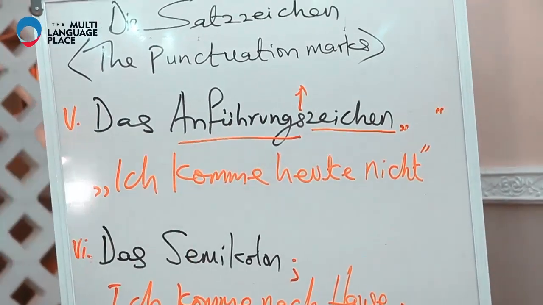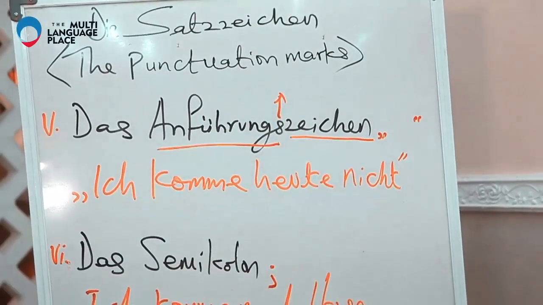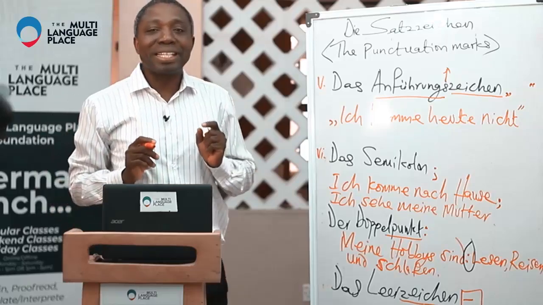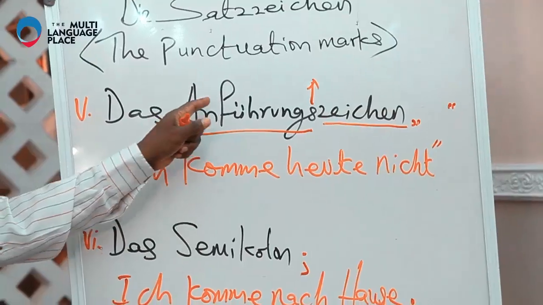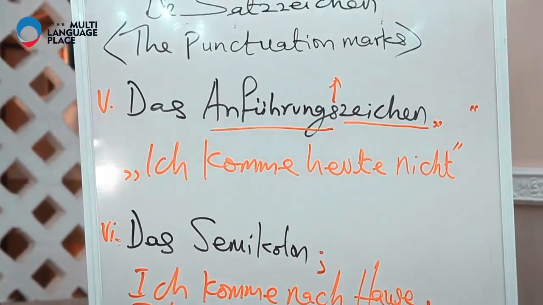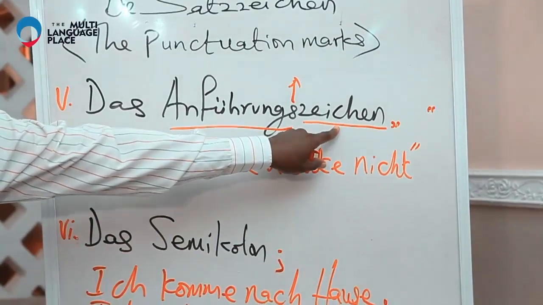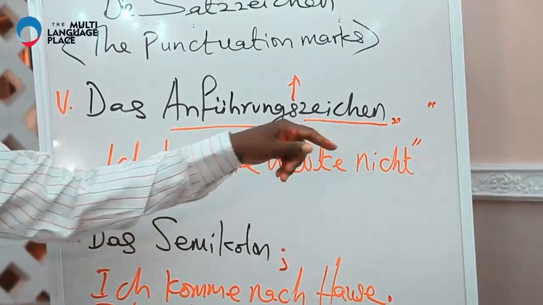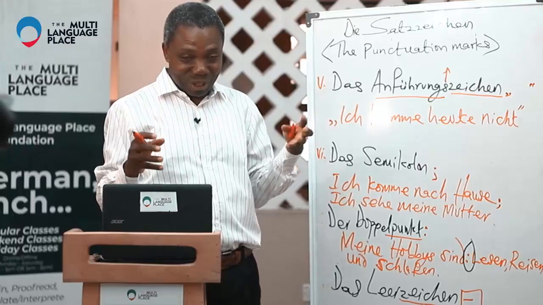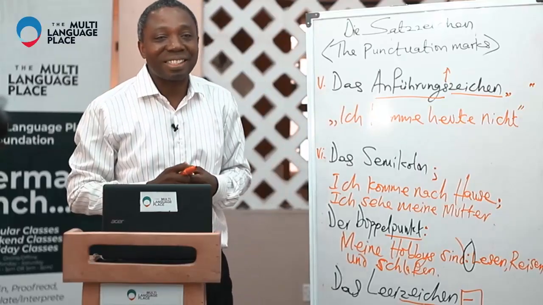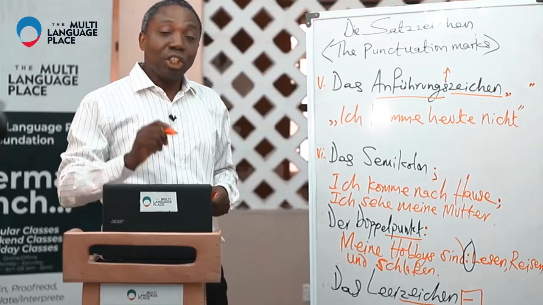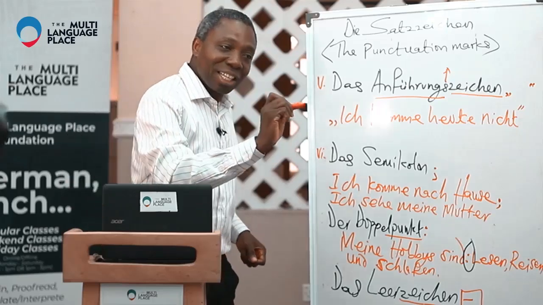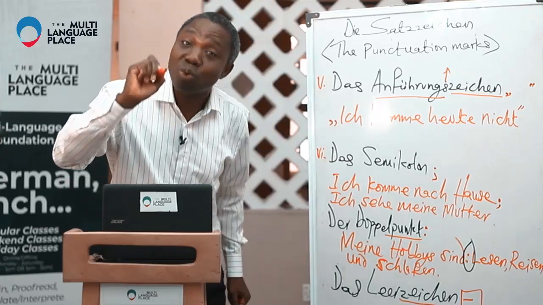So Anführung is a word, Zeichen is a word, but how do we determine the gender of this word? We determine the gender by asking, what is the gender of the last word? Even if it's 15 words or 3 words or 10 words that are joined together, you know the gender by asking yourself, what is the gender of the last word?